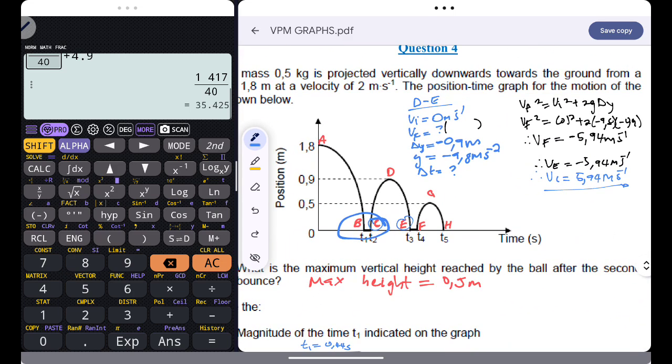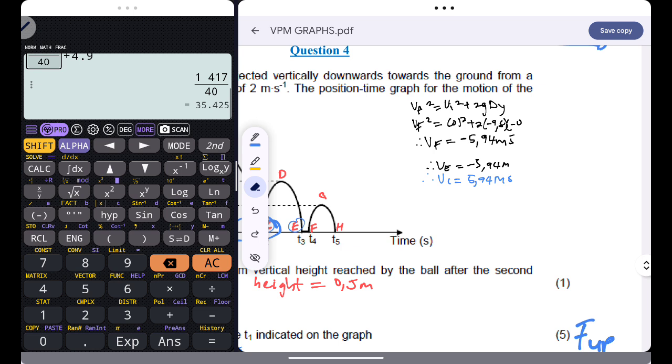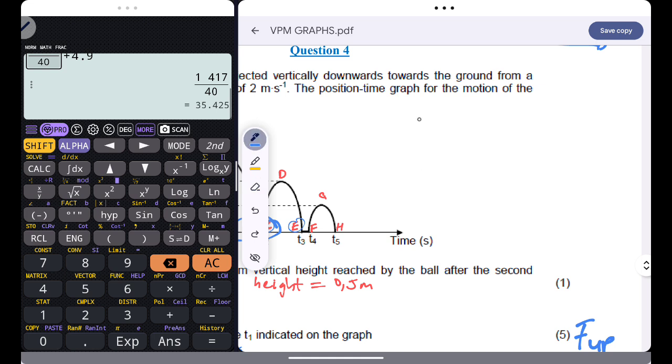Okay, let's just use this space over here. I'm also going to take up as positive, né? So this will be my velocity time graph, like this. It was thrown at a speed of -2 meters per second.